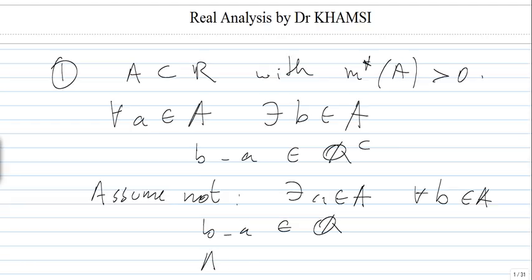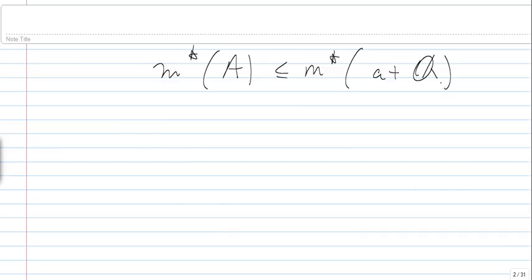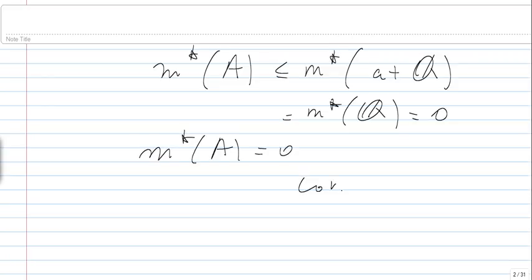Therefore, A is a subset of a plus the set of rationals, which tells us that the outer measure of A is less or equal to the outer measure of a plus Q. And since the outer measure is translation invariant, this is equal to the outer measure of Q, which is 0, which implies that the outer measure of A is equal to 0, which is our contradiction, since the outer measure of A is positive, not equal to 0.